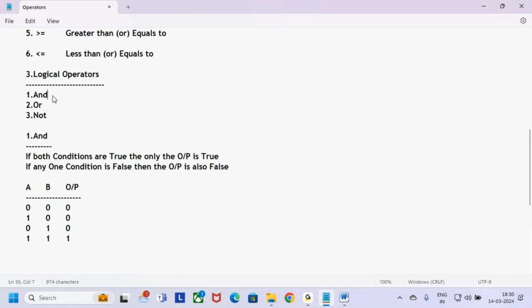And next one is OR. Now what's the functionality of this OR logical operator? Let me keep it here.